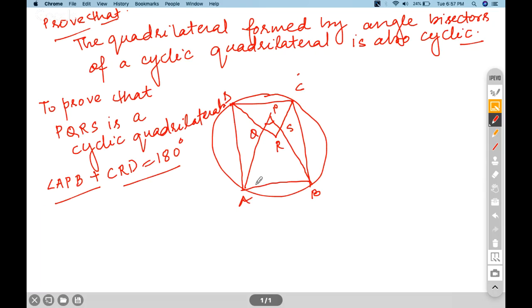So for that, what do I do? I know that the sum of the angles of a triangle is 180 degrees. I am taking triangle APB.